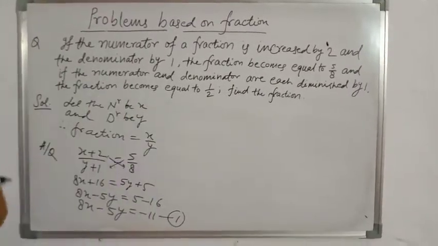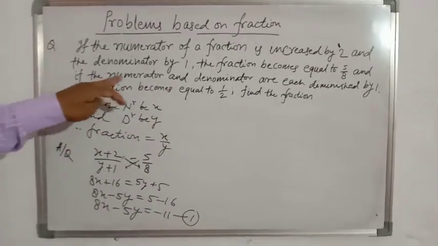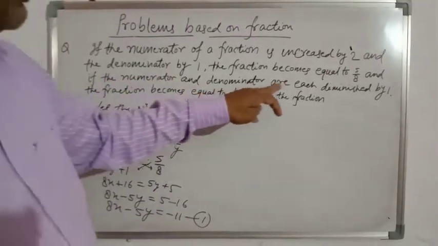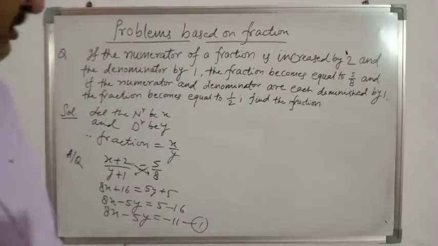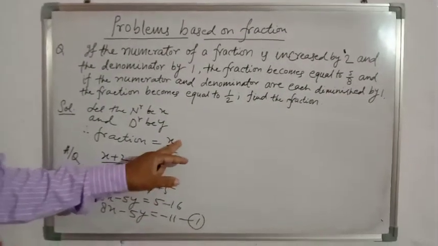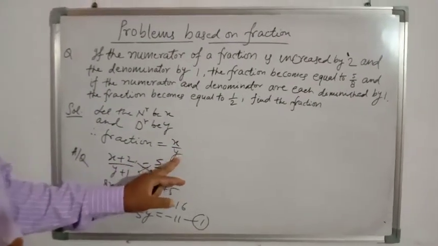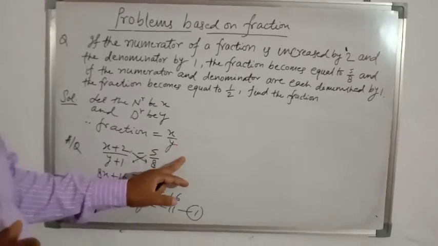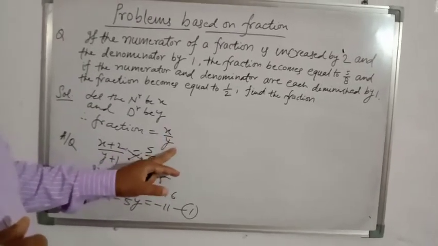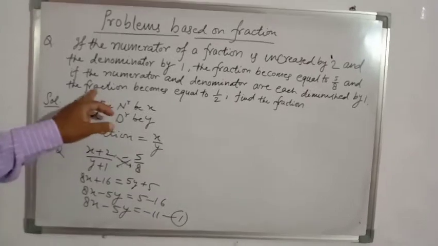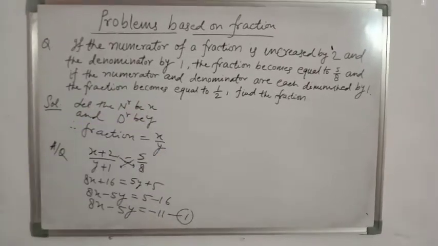Next, according to the second statement, if the numerator and denominator are each diminished by 1. So when the numerator is diminished by 1, it will be x minus 1. Denominator is diminished by 1, it will be y minus 1. So x minus 1 upon y minus 1. The new fraction becomes 1 by 2.